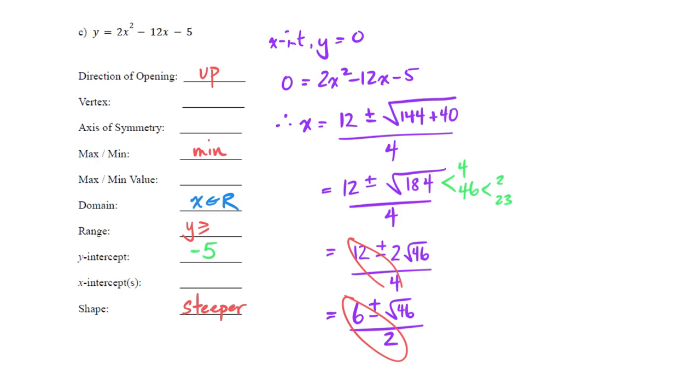Whether you want to use it right away as the 12 divided by 4, or whether you want to use the reduced version of that, 6 divided by 2, it doesn't matter. If you recall from earlier, we knew that the vertex x value was 3. So I could sub x equals 3 right now back into my original.